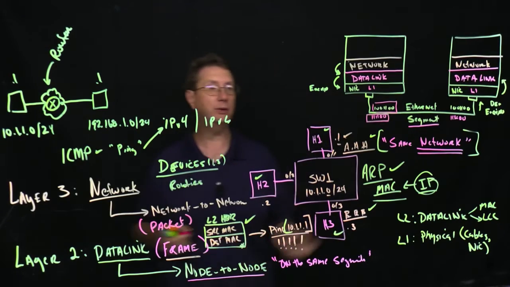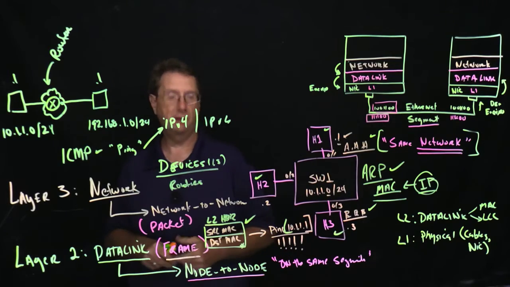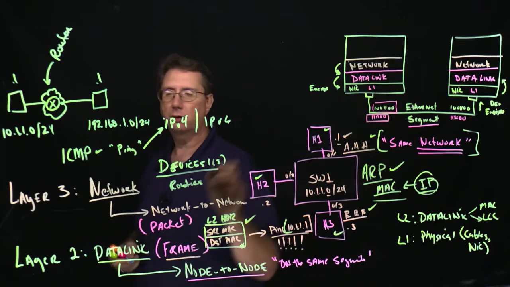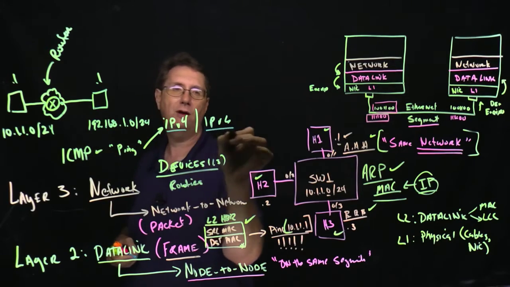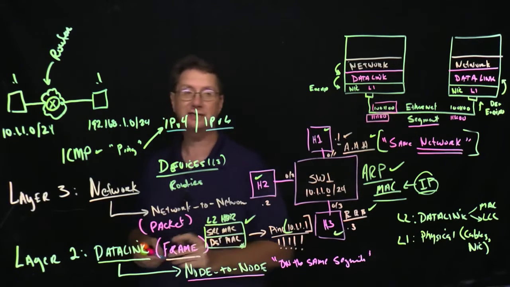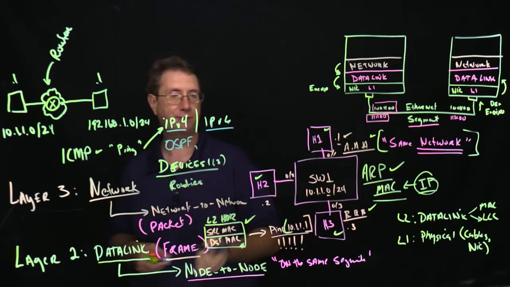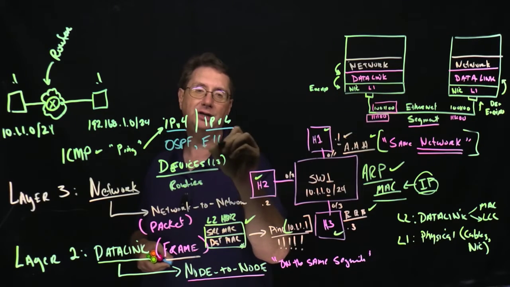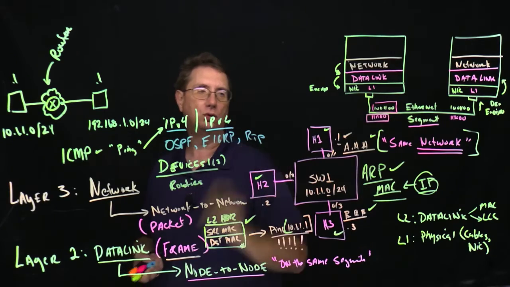Other protocols that I'm going to have to teach you about include other layer 3 protocols. We've already mentioned ICMP, and we've got IPv4 and IPv6, which are addressing schemas we can use. We also have protocols like OSPF, Open Shortest Path First, EIGRP, and even old school RIP.